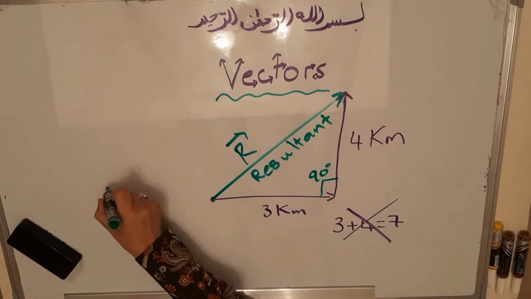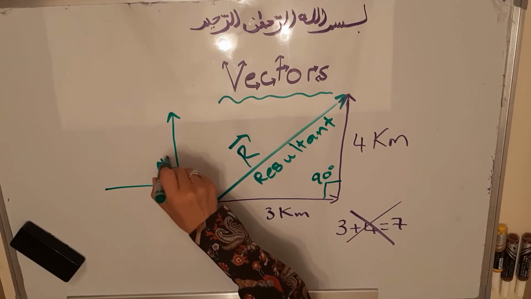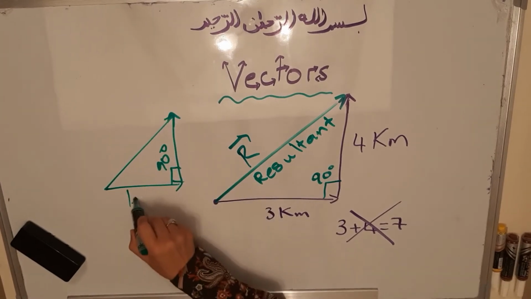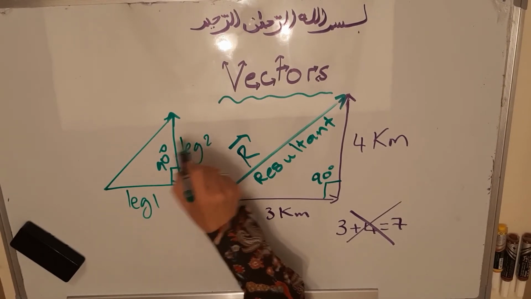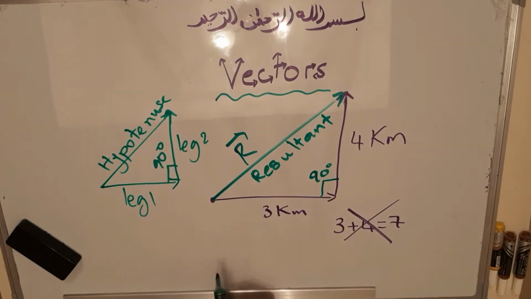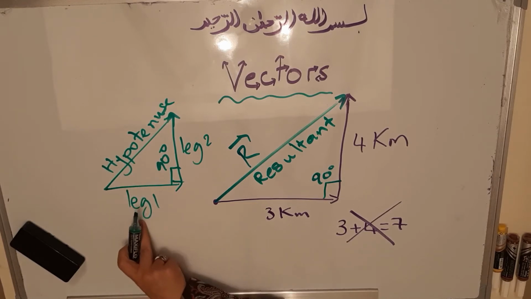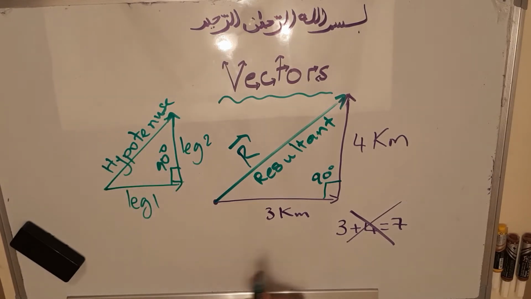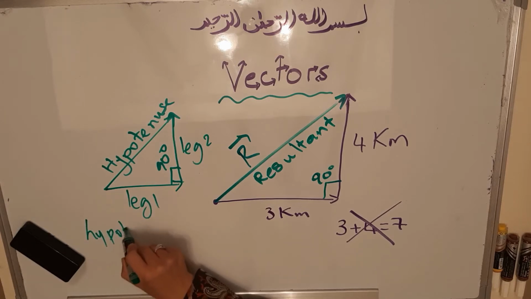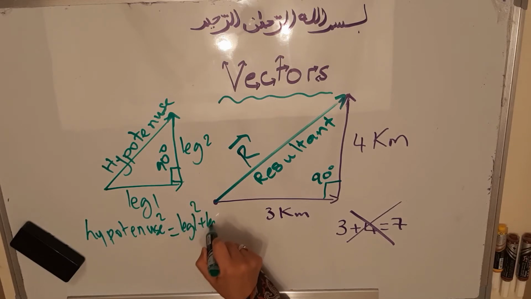Usually when you have a triangle that has a 90 degrees angle, and this is leg 1, this is leg 2, and this is the hypotenuse, we know by virtue of the Pythagorean theorem that the hypotenuse squared equals leg 1 squared plus leg 2 squared, and then the hypotenuse is just going to be the square root of the sum of the squares of leg 1 and leg 2.